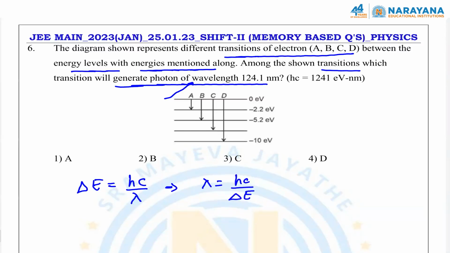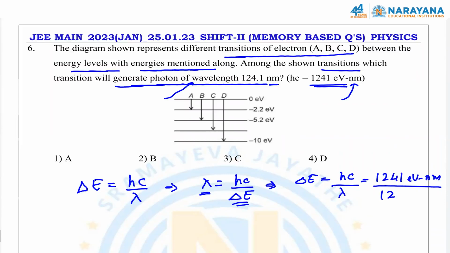Now the value of hc is given to us not in SI unit, but in electron volt unit. So you note that lambda is in nanometer and hc is also in nanometer. So delta E will come in electron volt when I plug in the value. So delta E is hc over lambda, and that is 1241 electron volt nanometer divided by lambda, which is 124.1 nanometer.